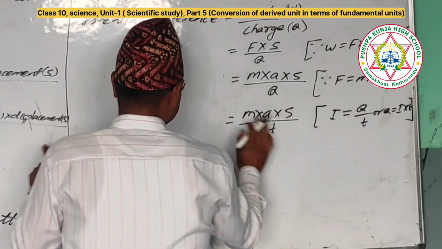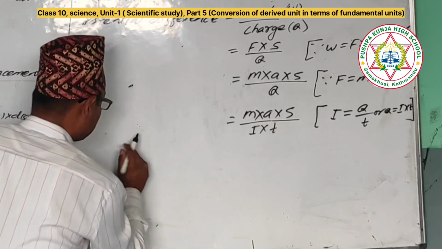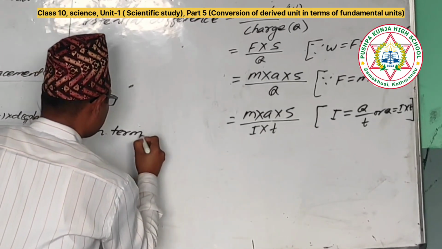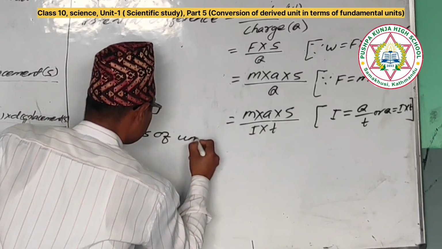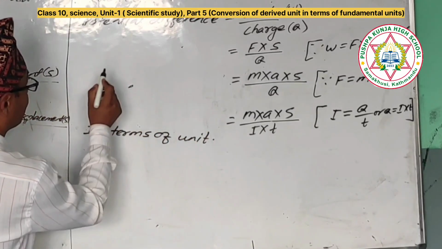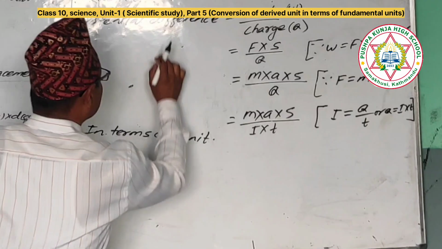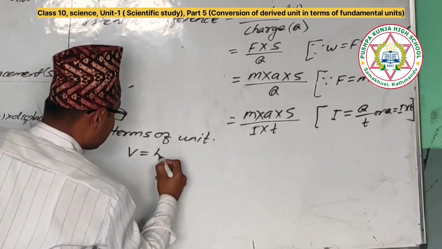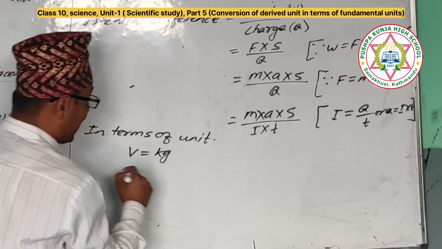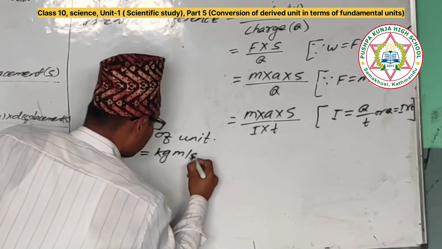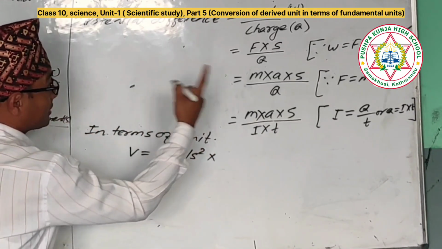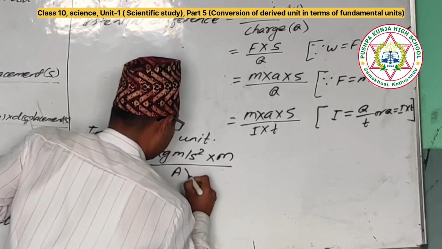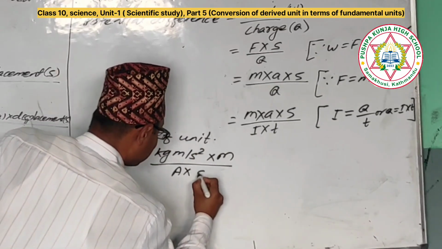Now what will we do? Now in terms of unit, what do we write? What is the unit of potential difference? Volt is equal to mass measured in kg, acceleration meter per second square, displacement meter, current ampere, and time second.